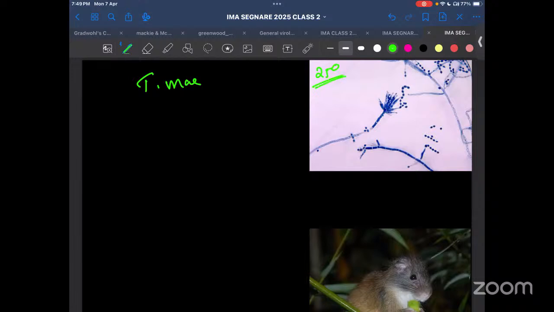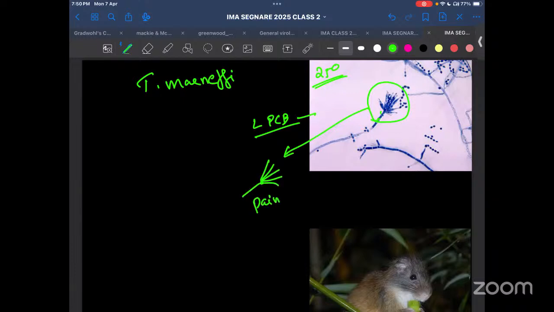This is the microscopy with lactophenol cotton blue, LPCB, the stain that is used. This is the microscopic appearance, and what do we see here? This is the paintbrush appearance, also known as brush border appearance.